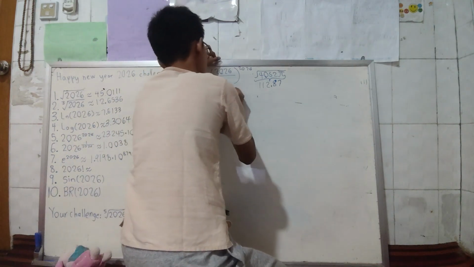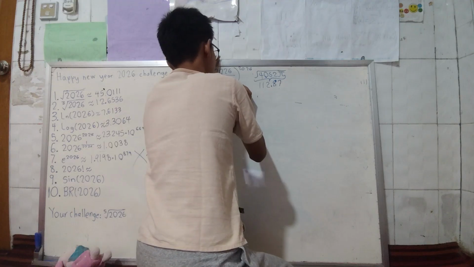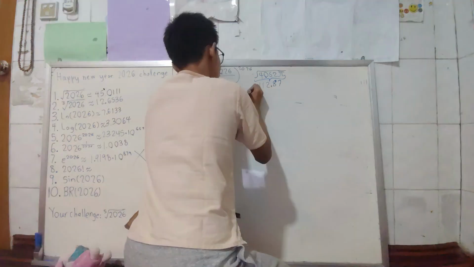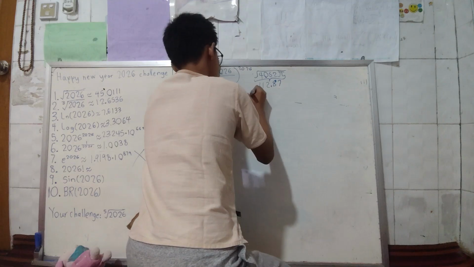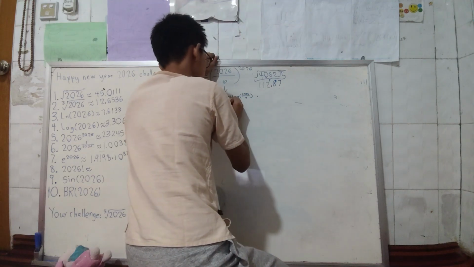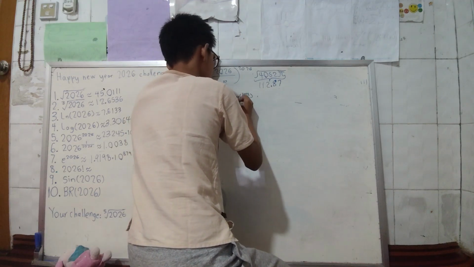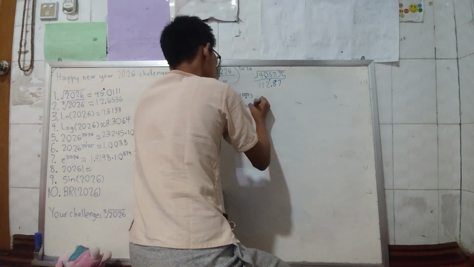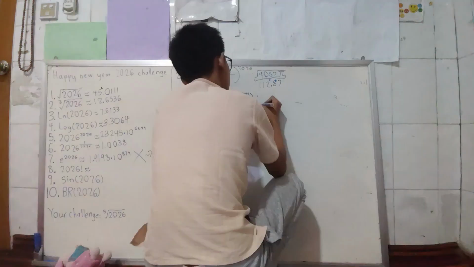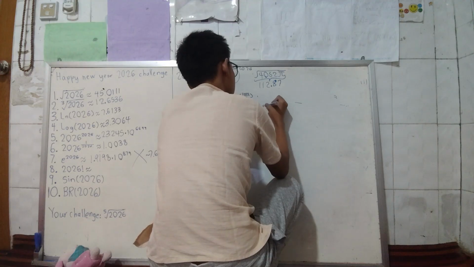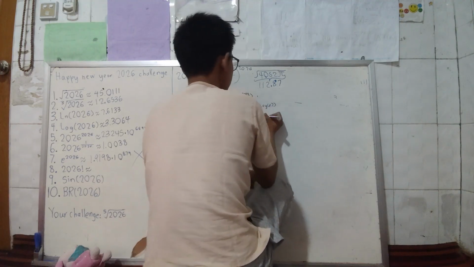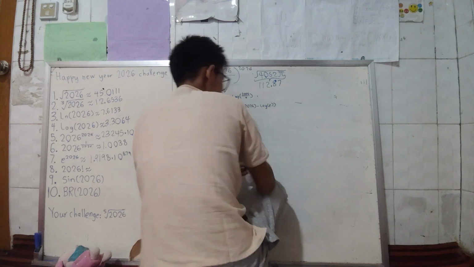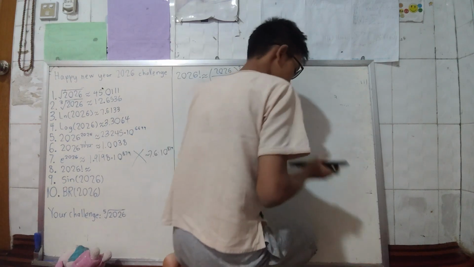of 20, 26, and the logarithm, which is going to be split up using logarithm laws. This is, let me check.